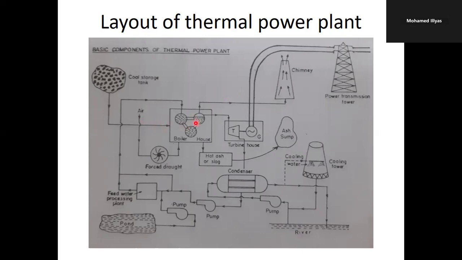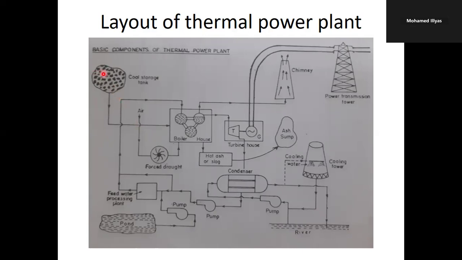So considering this thermal power plant layout here, this is the prominent device, the boiler. This boiler gets coal and air for the combustion. So that will be supplied to the combustion chamber here.